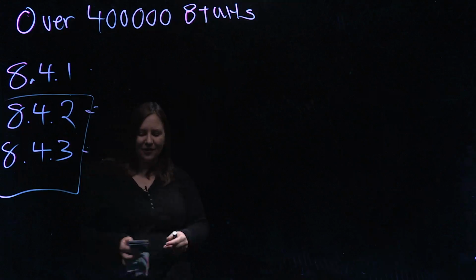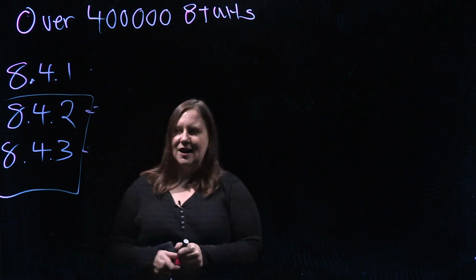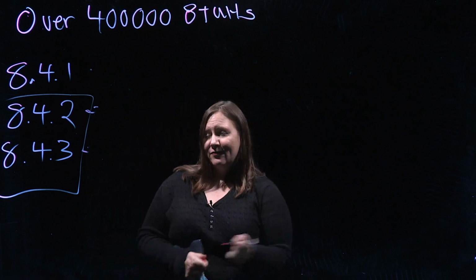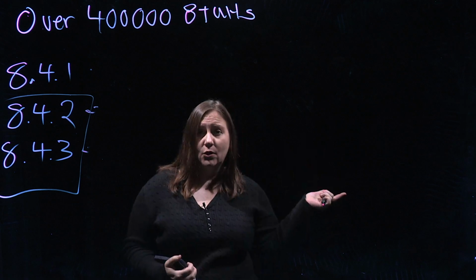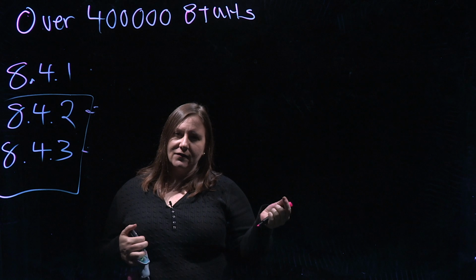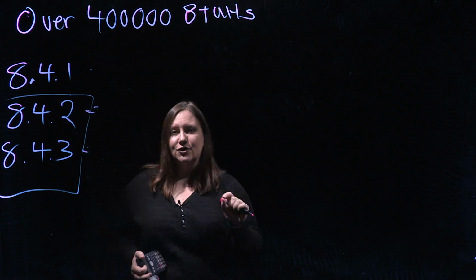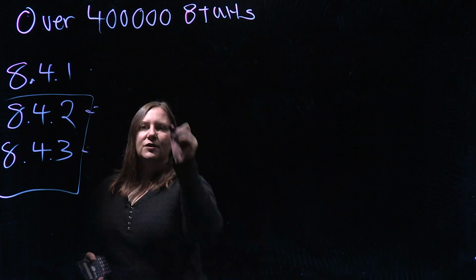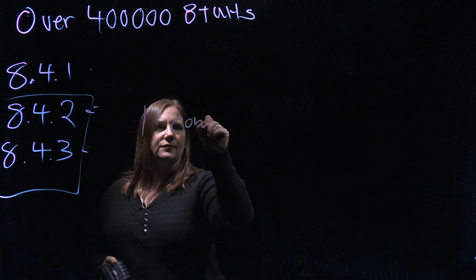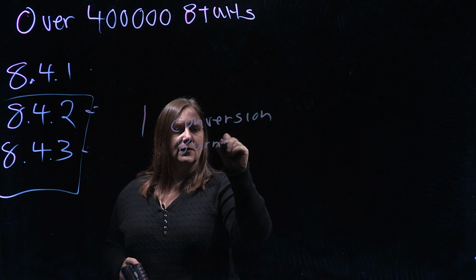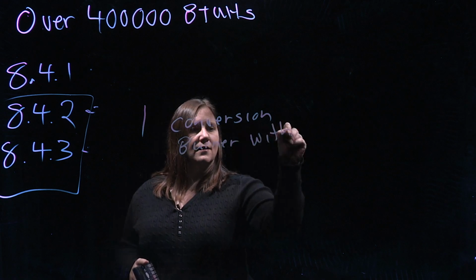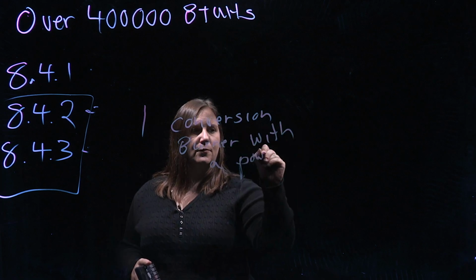Okay, so another example. Let's say that in this example, I have one conversion burner that used to be oil, and now it's running off of natural gas, and this conversion burner has a power burner.